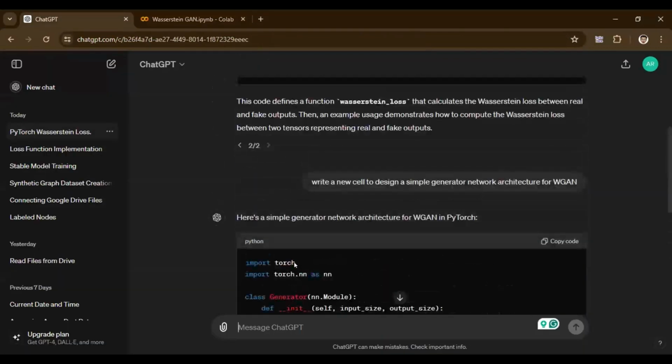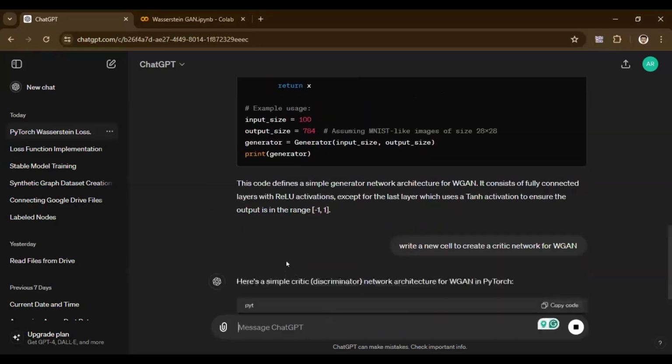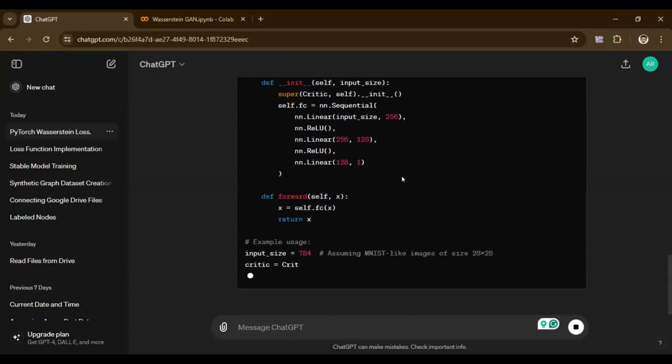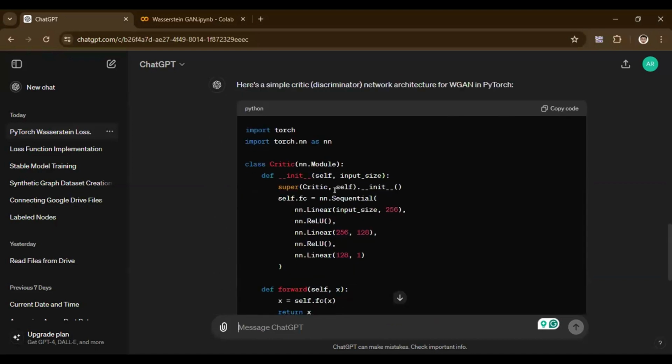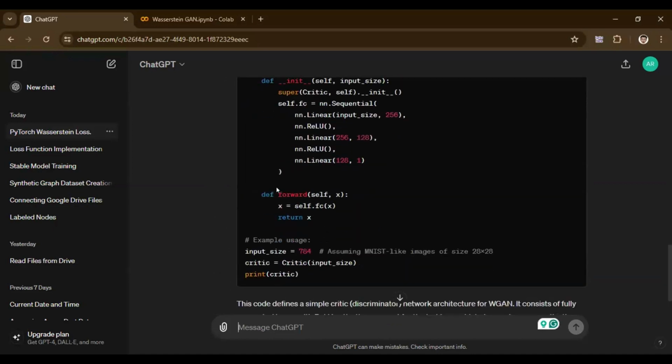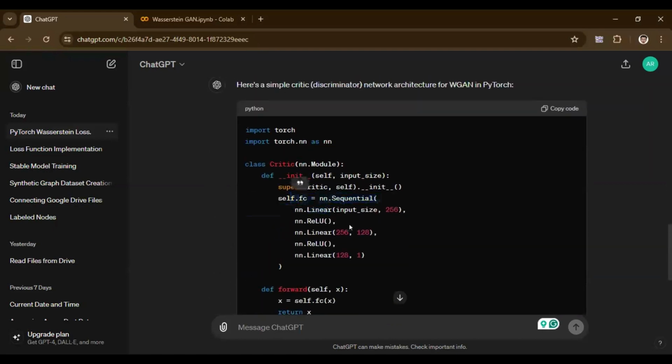As before, we ask ChatGPT to write a new cell to create a critic network for the WGAN. See how ChatGPT made it. As you can see, it's almost the same as the generator, but with linear layers, a ReLU, and the forward function.